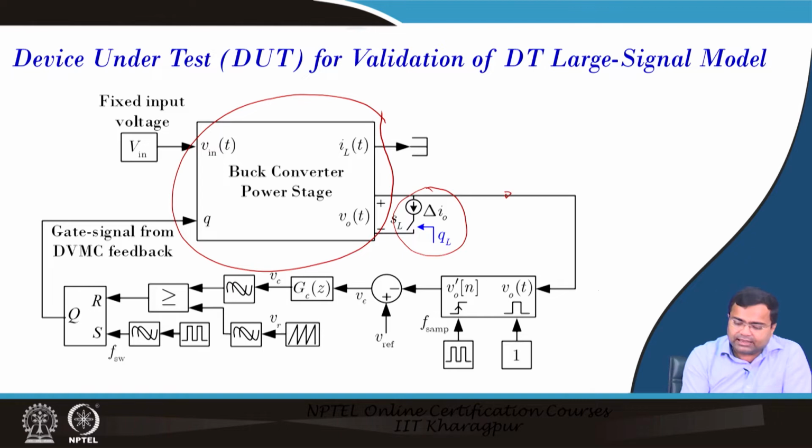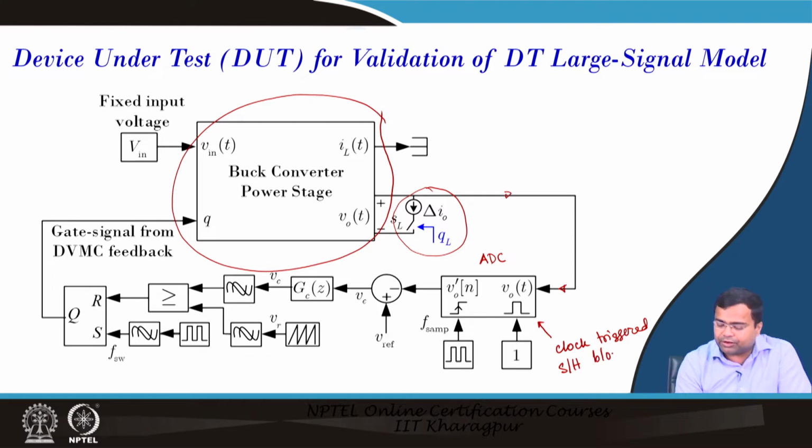Then once you sense the output voltage, this represents our ADC block, and we have discussed that this block consists of a clock triggered sample and hold block, which is nothing but a zero order hold block. After you get the sampled voltage, this clock will be using the sampling clock which we have discussed.